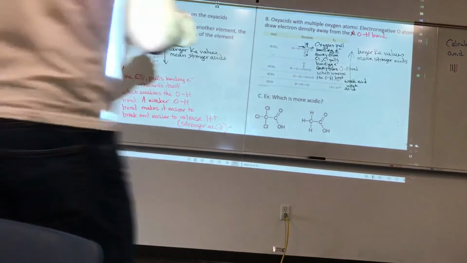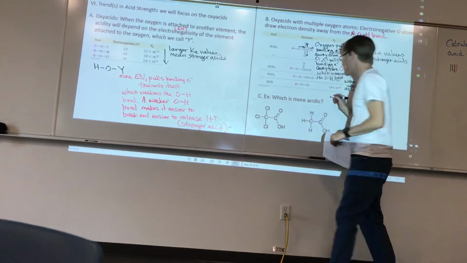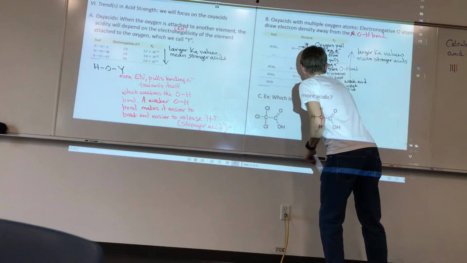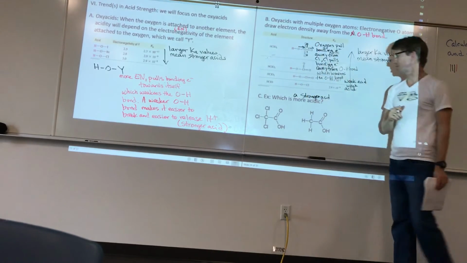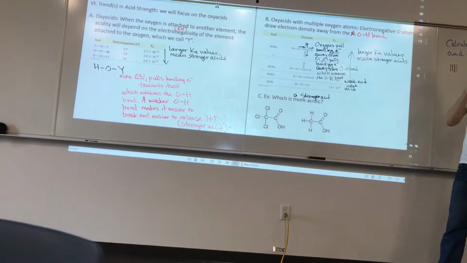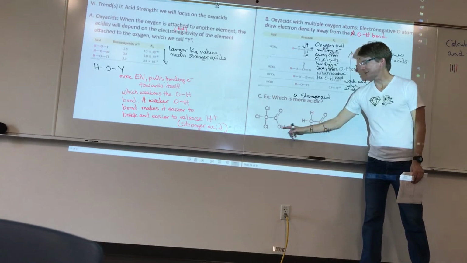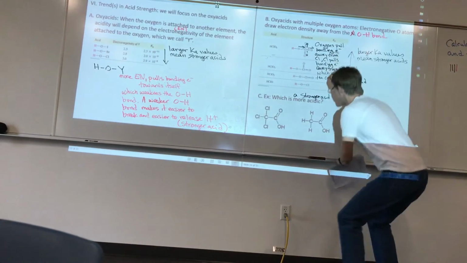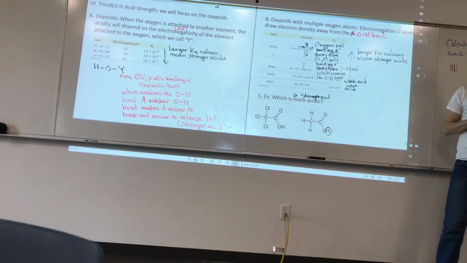Now let's answer this question. Which is more acidic? By acidic, I mean stronger acid. Which is a stronger acid? In this particular case, we have the C double bond OH group. So the OH that we're talking about is, the H is right there.